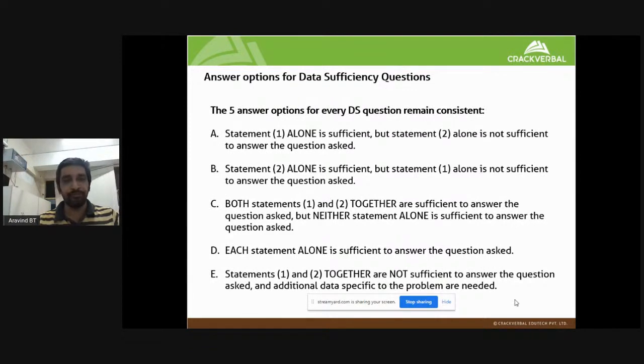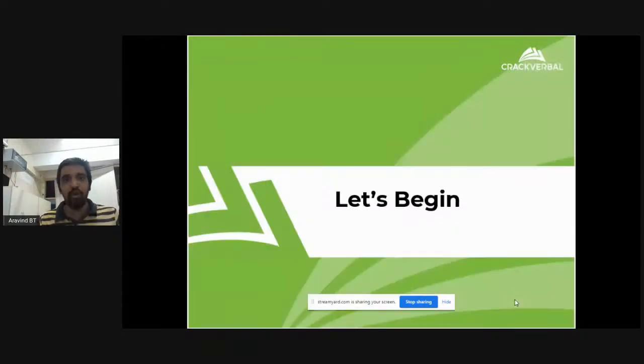They don't change, right? So just make sure that you go through this for a couple of seconds before we actually go to the problem, because you'll be required to know these options like the back of your hand, so that you can eliminate options as you solve questions. All right. So these are the data sufficiency options. I hope all of you have had a good look at it. I will move on to the next slide now.